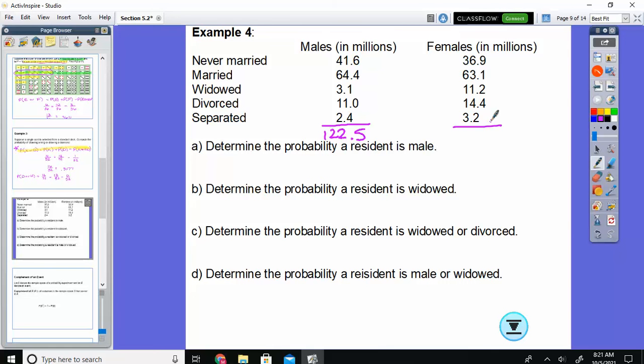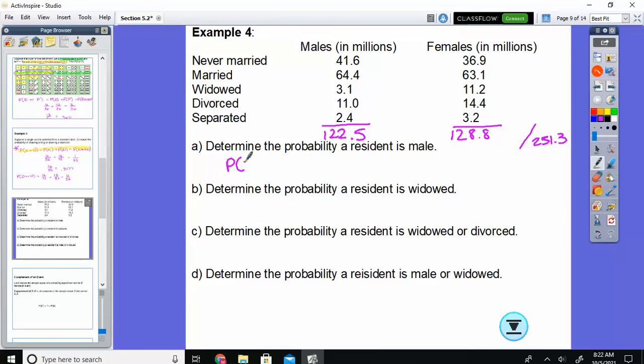Total for the females. And my grand total for the table, if I added those together, is 251.3.